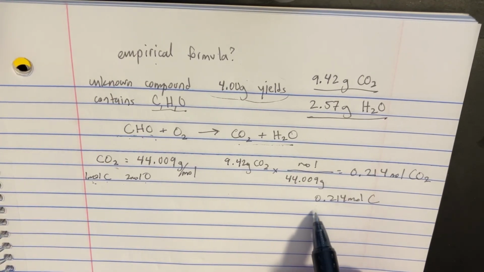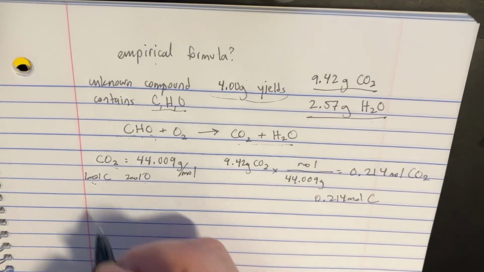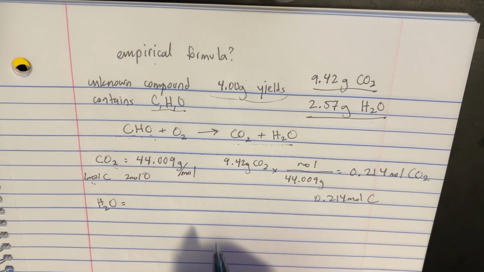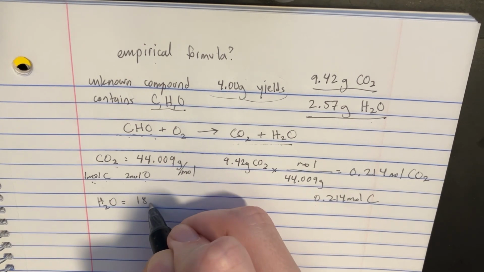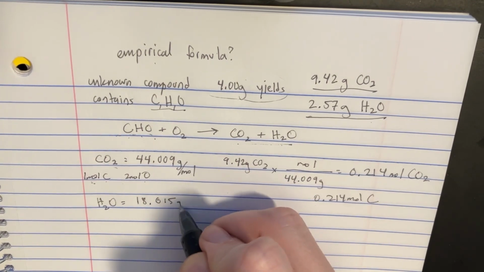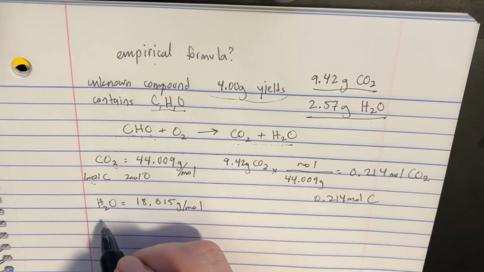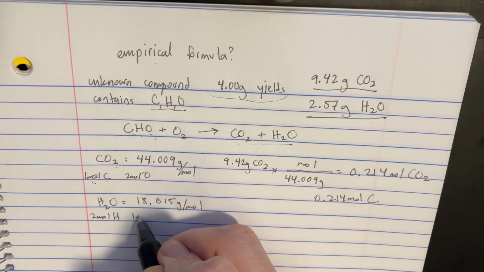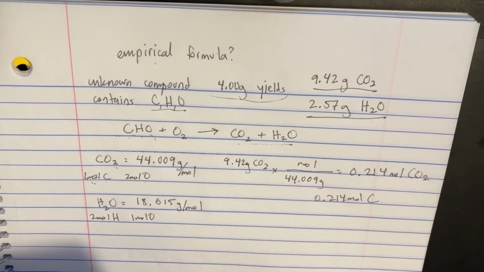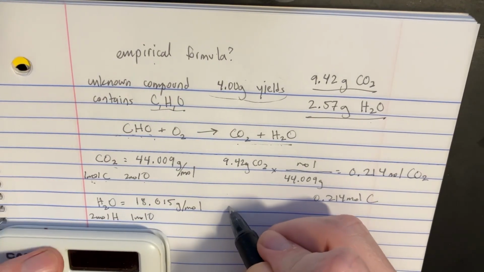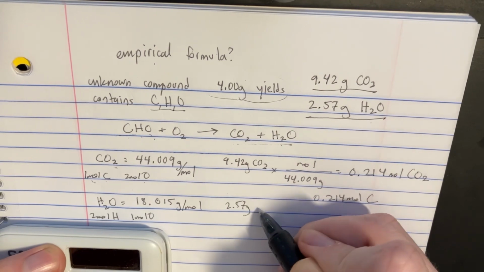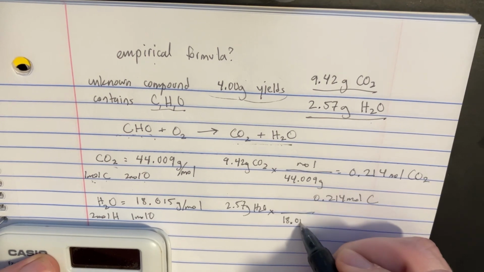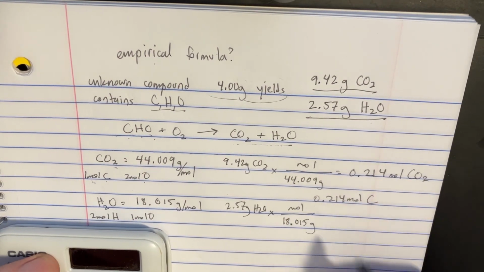So now we can take a look at the next compound, which is H2O. The molar mass of that should be 18.015 grams per mole. And again, if we have 1 mole of H2O, then we're going to have 2 moles of H and 1 mole of O. So let's see what happens when we do this calculation. We're going to take the 2.57 grams of H2O and multiply that by the 18.015 grams, and get the moles up there.